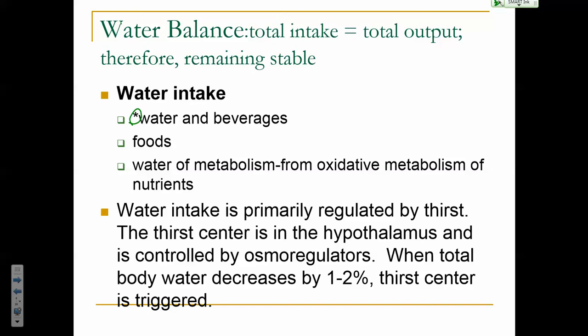All right. The main mechanism that controls our intake of water is your thirst mechanism. I've described that earlier when we were looking at ADH and the hypothalamus. Hypothalamus doesn't just signal ADH release, but it also controls your salivary glands and makes you thirsty, so you'll take in water.